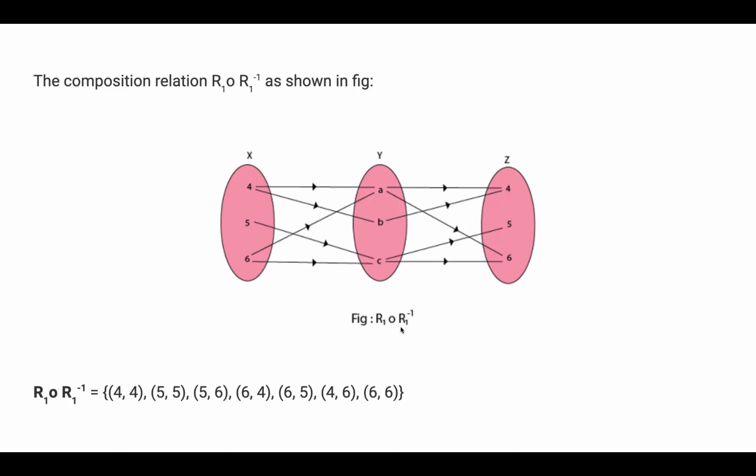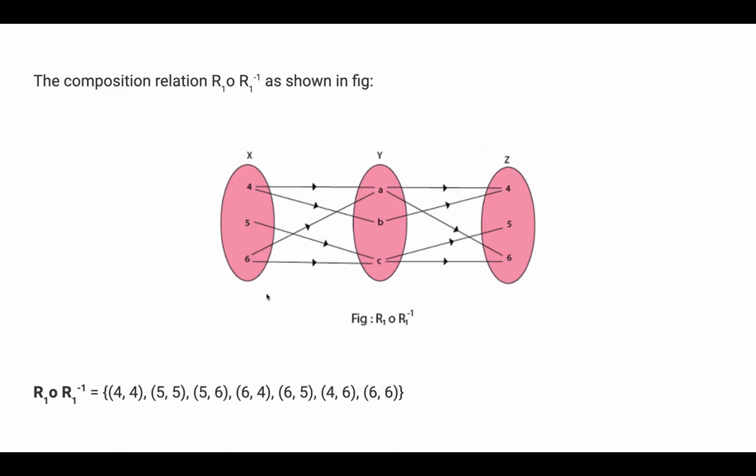In that case, first we have to take the x inverse here, means 4 to A to 4, 4 to B to 4, then 5 to C to 5, 5 to C to 6.